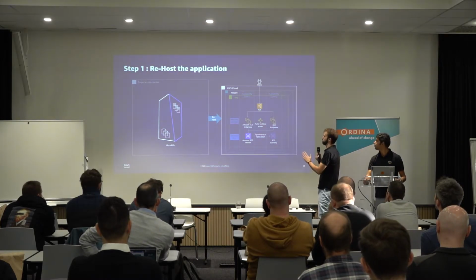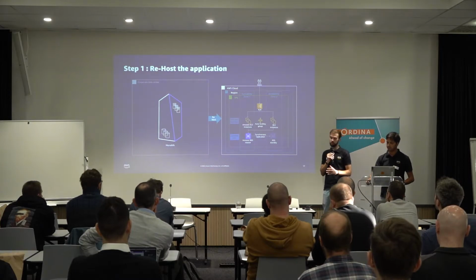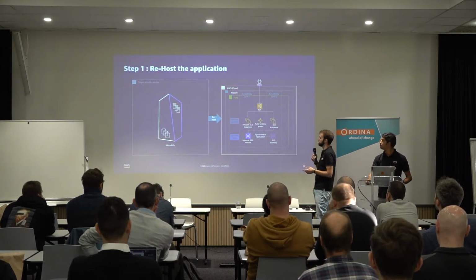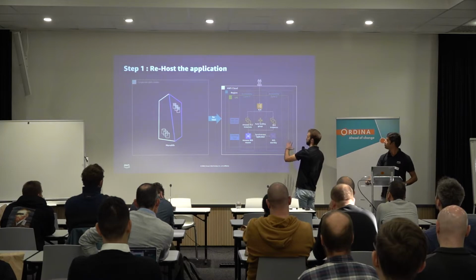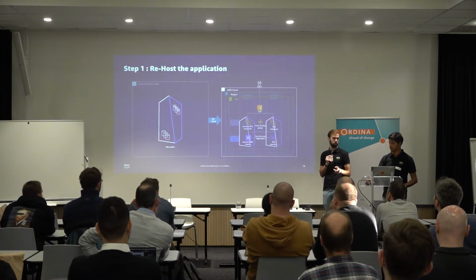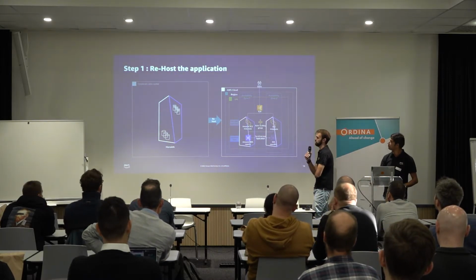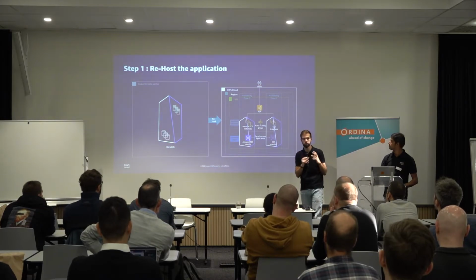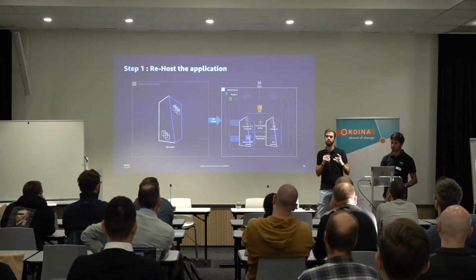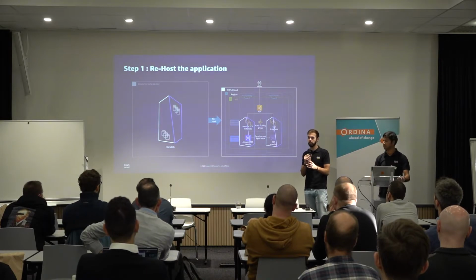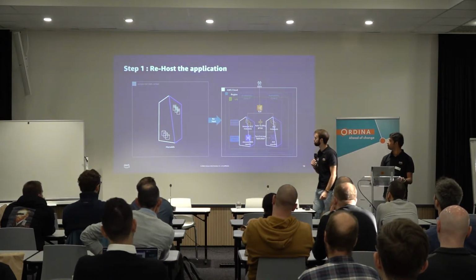So as a first step, we move the application to AWS, but we can still see it as kind of two replicas in two availability zones of the monolith that we had on-prem. So in this case, we didn't really break down the functionalities in different microservices.